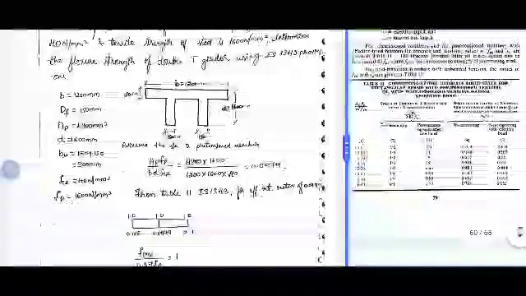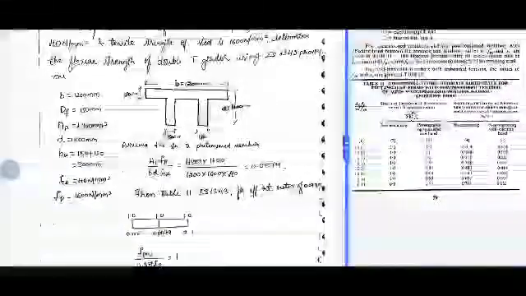On simplifying we will get 0.0979. So for that we need to take FPU by 0.87 FP ratio. So since it is pre-tensioned, go with column number 2.